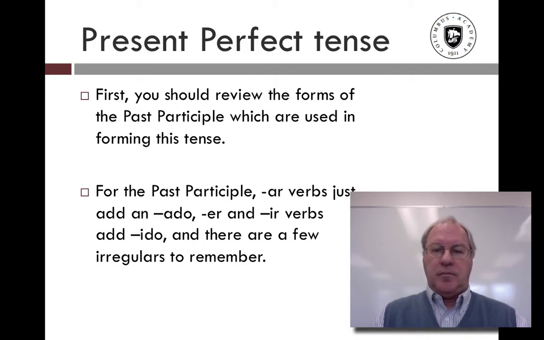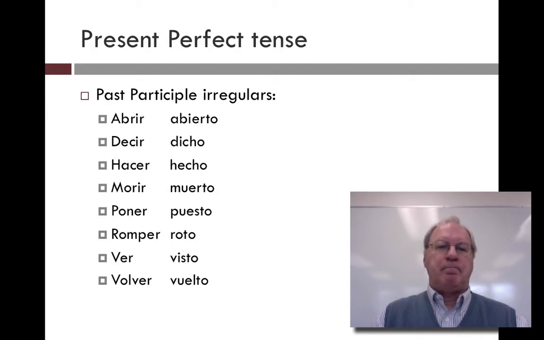For the past participle, AR verbs just add ADO, and ER and IR verbs add IDO. And there are some irregulars to remember, like abrir, abierto. Go ahead and pronounce after me just to try to remember them.